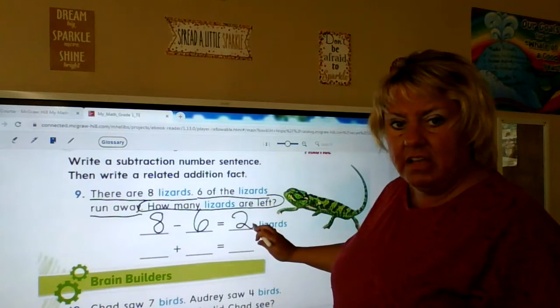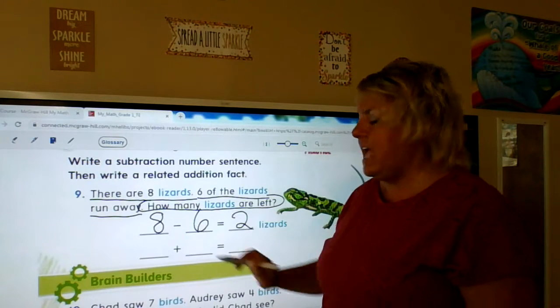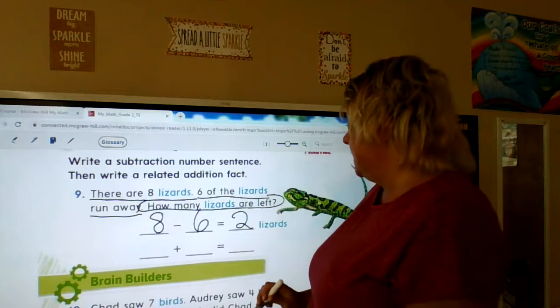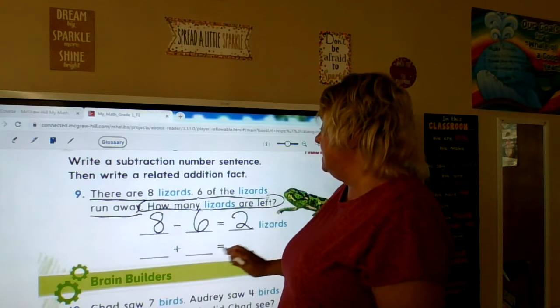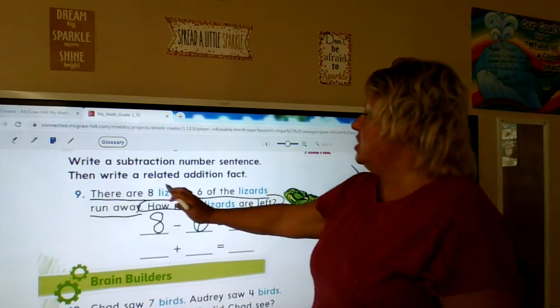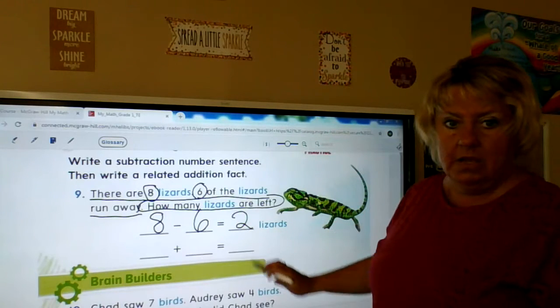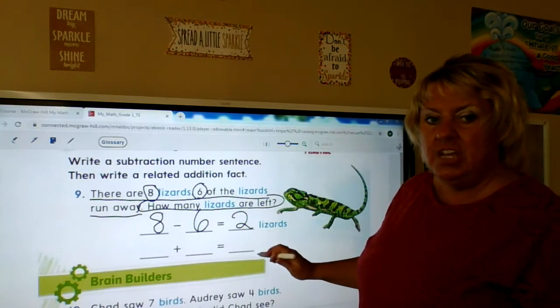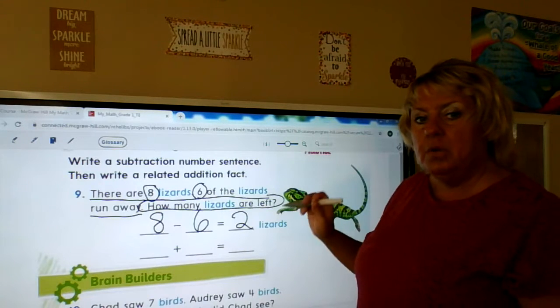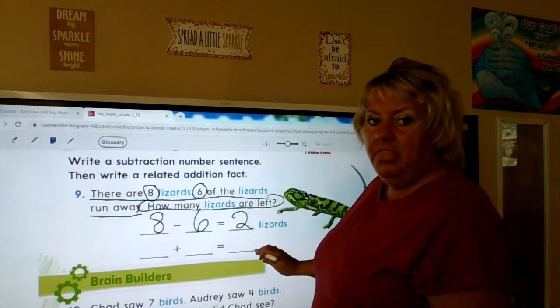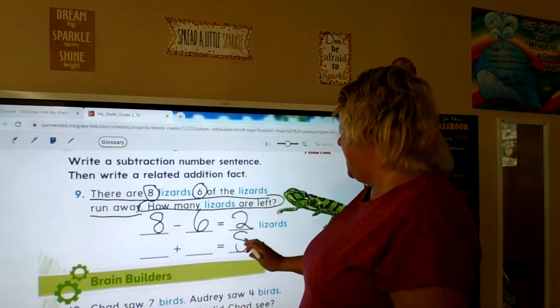Now let's check ourselves. Is 2 plus 6 8? Yep. Now we need an addition sentence using an 8, a 6, and a 2. Remember, when we do addition, the whole comes at the end.